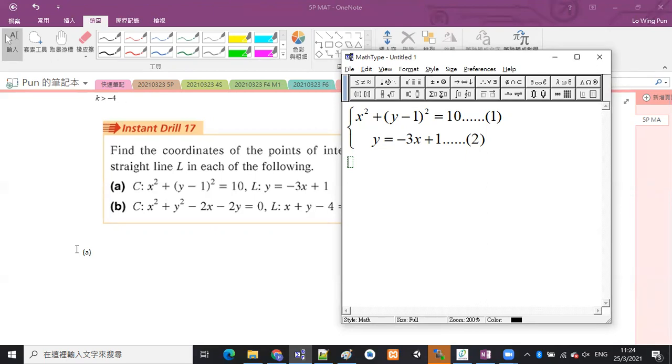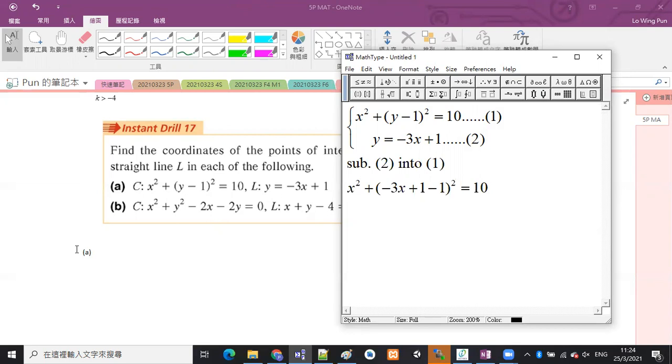No need to change the subject for this question, right? Okay, because y is already the subject, so we just need to sub equation 2 into equation 1. Okay, so from the equation 1, we know that it is x squared plus y minus 1. Y minus 1 becomes negative 3x plus 1 minus 1 squared equals 10.